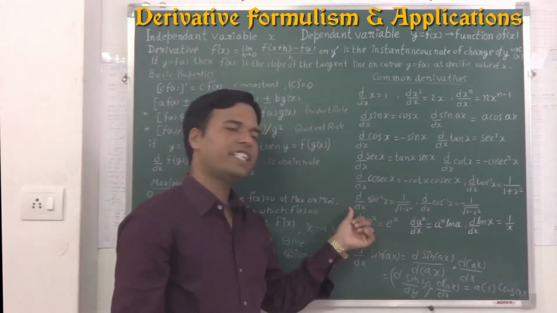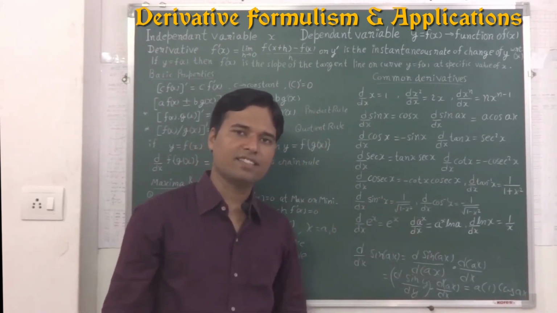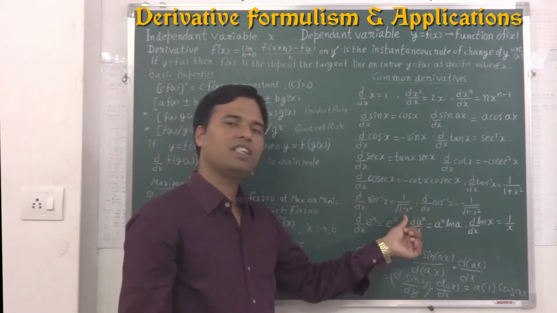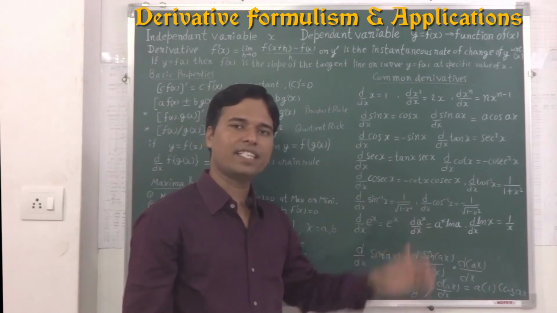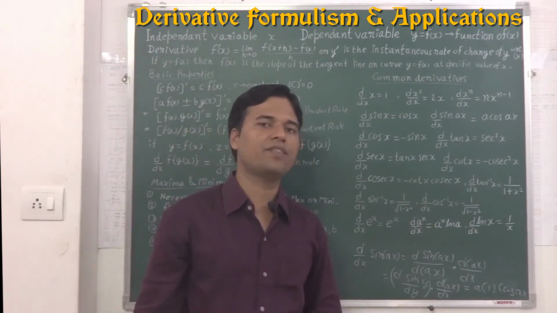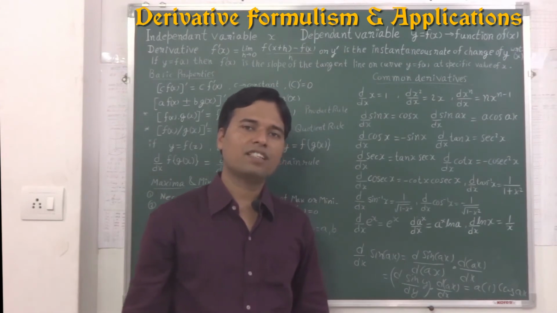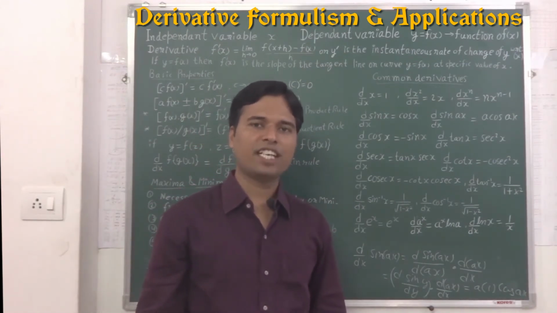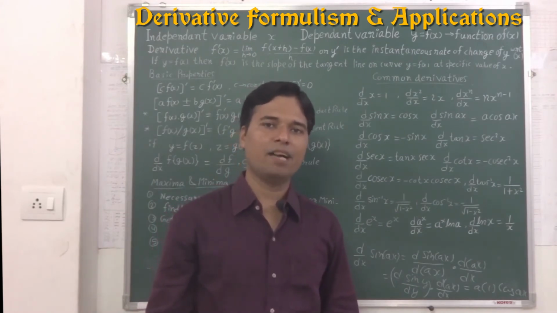The first derivative of sin inverse x: d/dx of sin inverse x is equal to 1 upon square root of 1 minus x^2. We have learnt about the inverse trigonometric functions in our third video about hyperbolic trigonometric functions, inverse trigonometric functions and their applications.